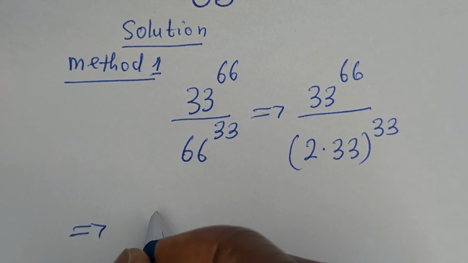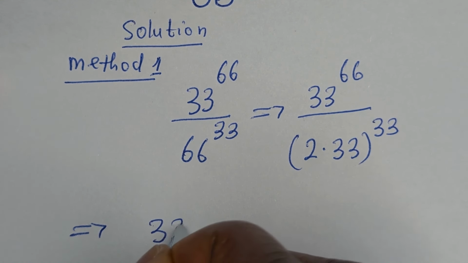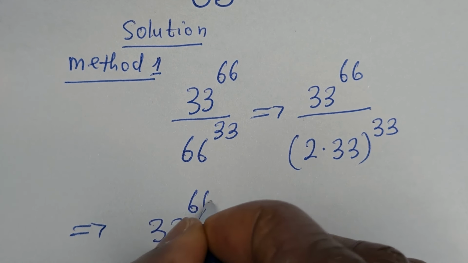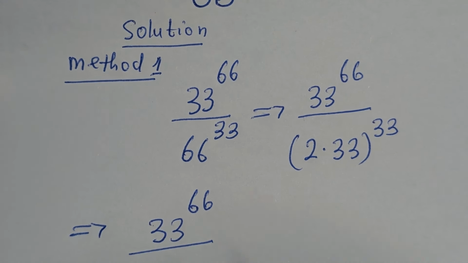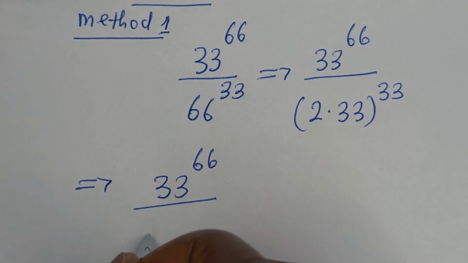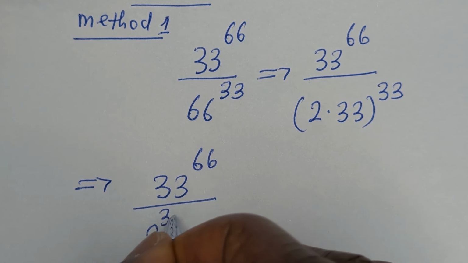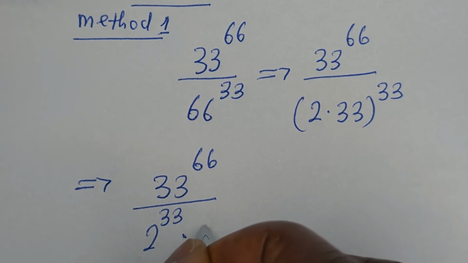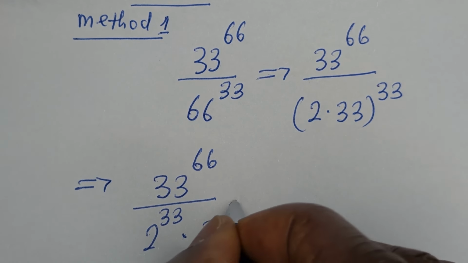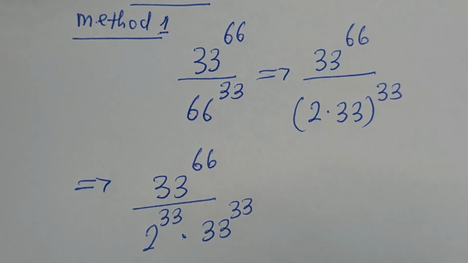Then here we have 33 raised to power 66 divided by, this can be written as 2 raised to power 33 multiplied by 33 raised to power 33.